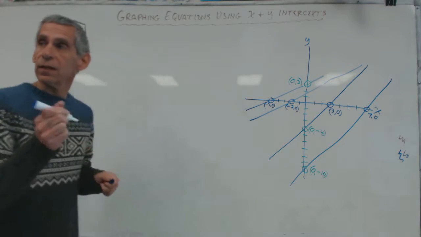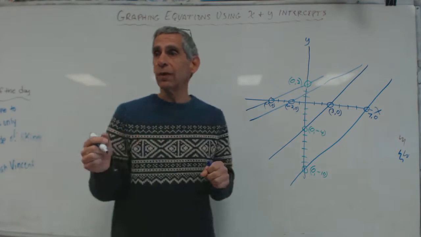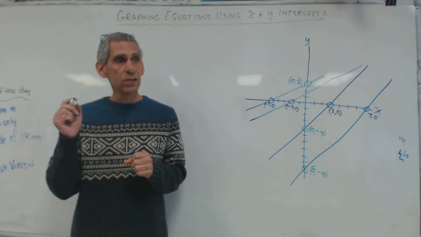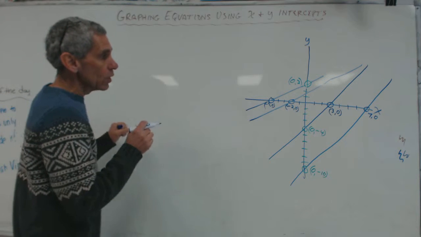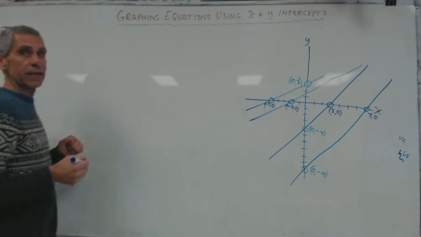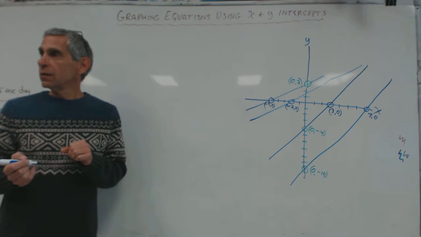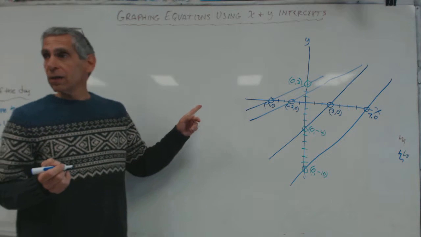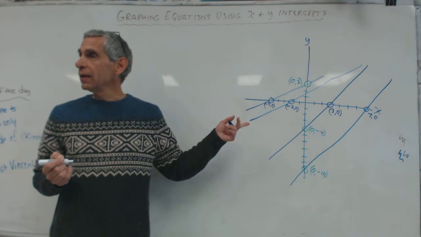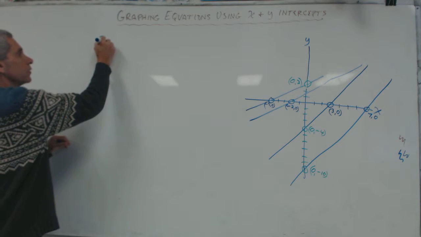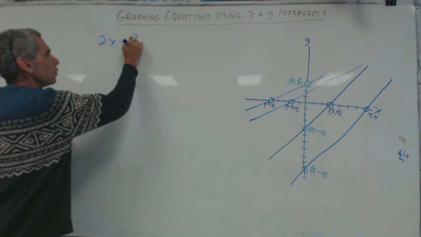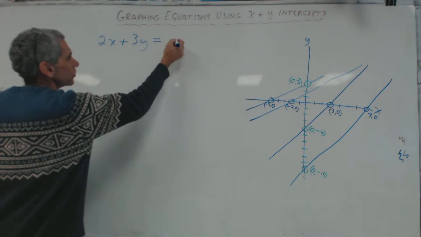Now listen. This is unbelievably important, guys. This is very significant. If I gave you an equation and asked you to graph it, we could potentially graph it by finding the x-intercept and y-intercept. So let's try one. Let's say we have 2x plus 3y equals 6.